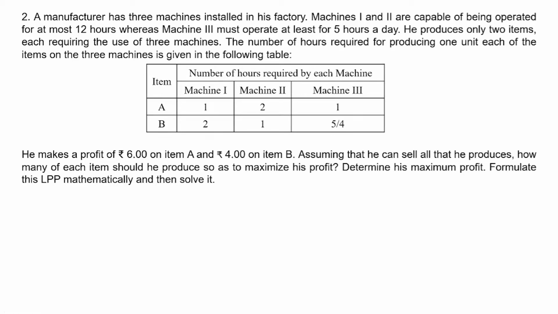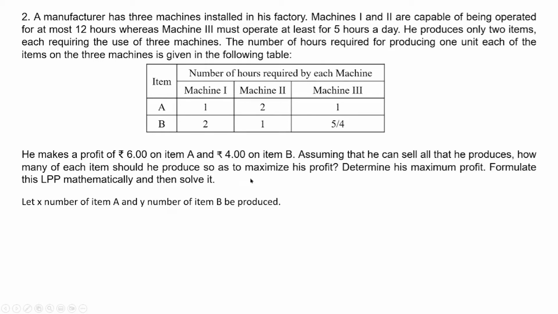That should be taken as X and Y. So let us take, let X number of item A and Y number of item B be produced. This X and Y are called the decision variables because we have to find the values for this X and Y. And now we have to see the objective of this problem.